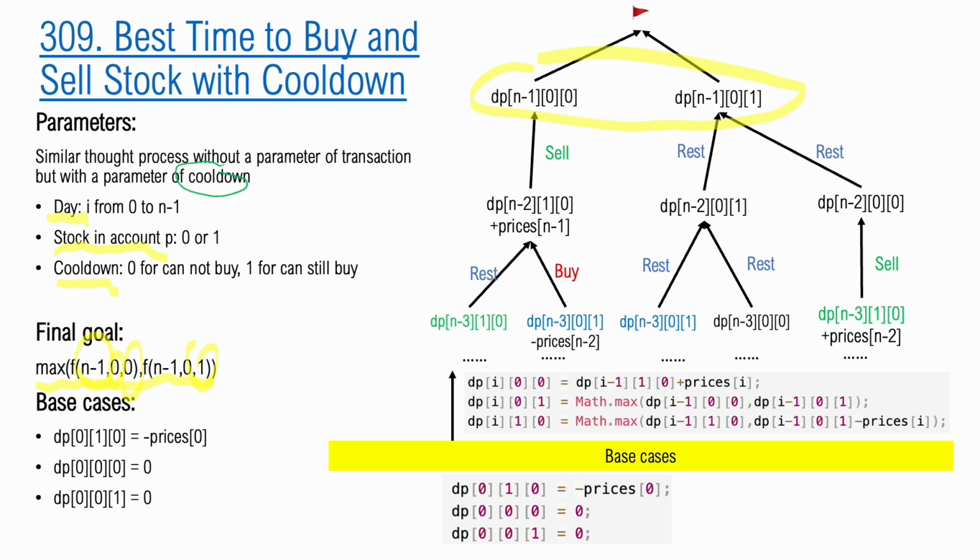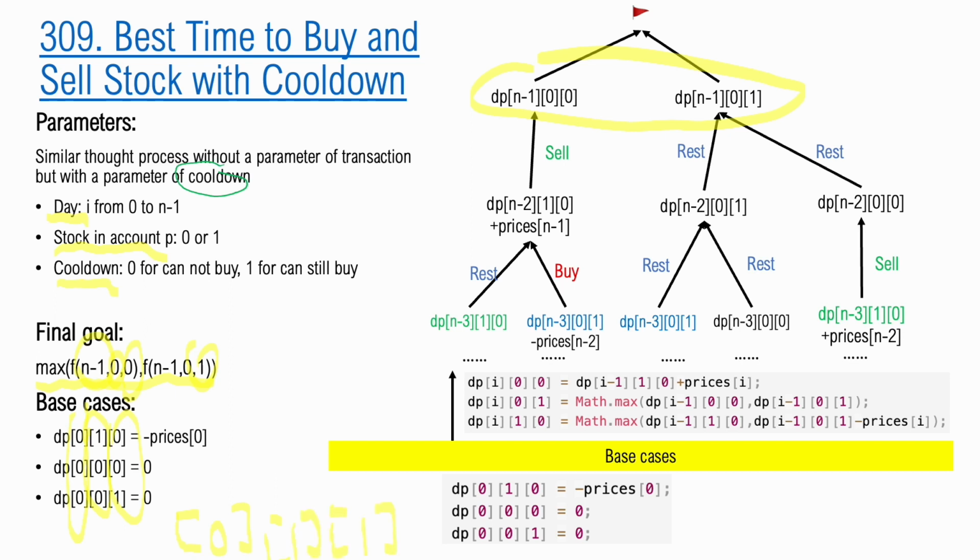For the base cases, we will try to get the optimal solution by the end of the first day. And then it's just the different combinations between the number of stocks and the cooldown phase. I want to point out there will not be a combination of 0, 1, 1.